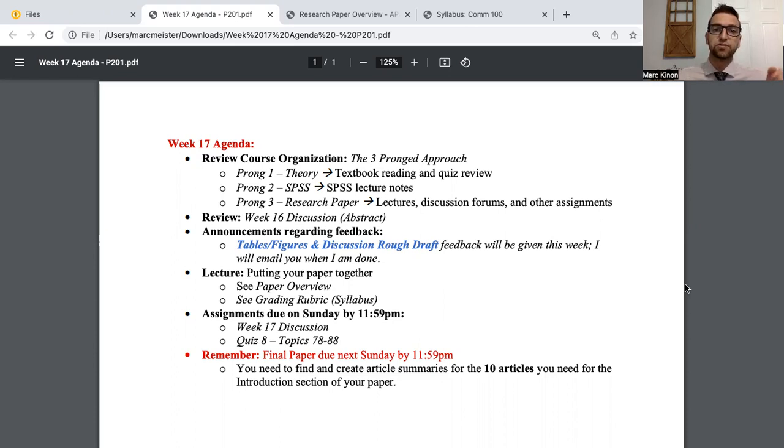So not only did you write individual aspects of the research paper by participating in discussion forums, but you had an opportunity to partake in peer review, which is a very important part of the research process. As a researcher, you work together with other researchers. It's a community approach, and that's why peer review is so important.